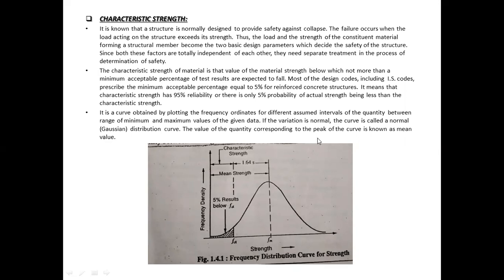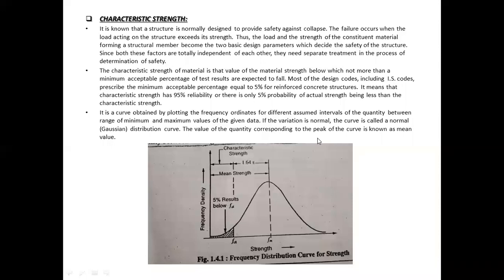In the introduction of characteristic strength, they have given that there are mainly two important things while dealing with structural member design parameters: load and strength. Load and strength deal with the safety of the structure.